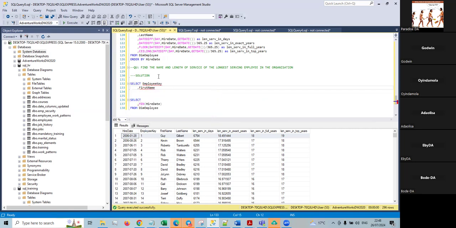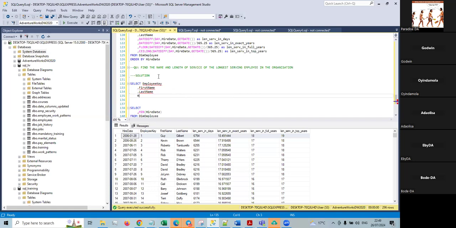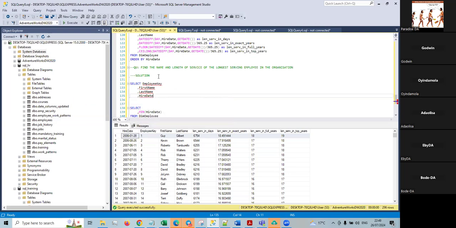And we want their last name also. And we want their hire date as well. We want their hire date, right? Having gotten these attributes, we also want the length of service in years.